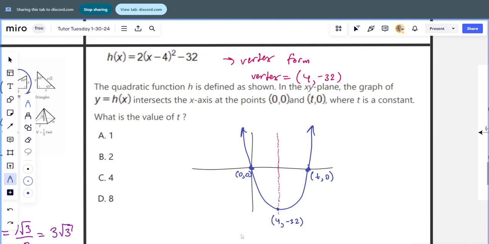They gave it in vertex form. So if one of the roots occurs at x equals 0, and the vertex is at x equals 4, the other one has to be symmetrical at x equals 8. That gives us answer choice D.